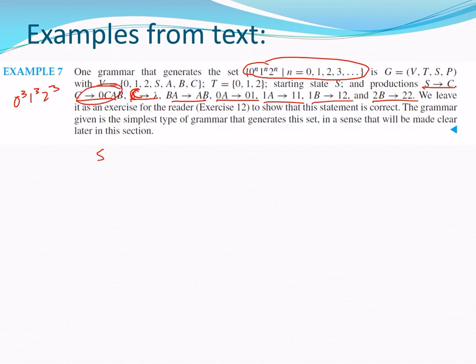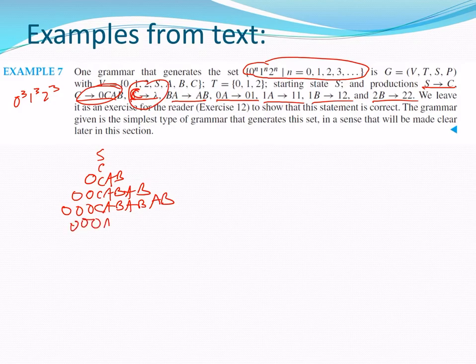So I have S, C, 0CAB, 00CABAB, 000CABABAB. And then I'll get rid of the C using that command there. So 000ABABAB.